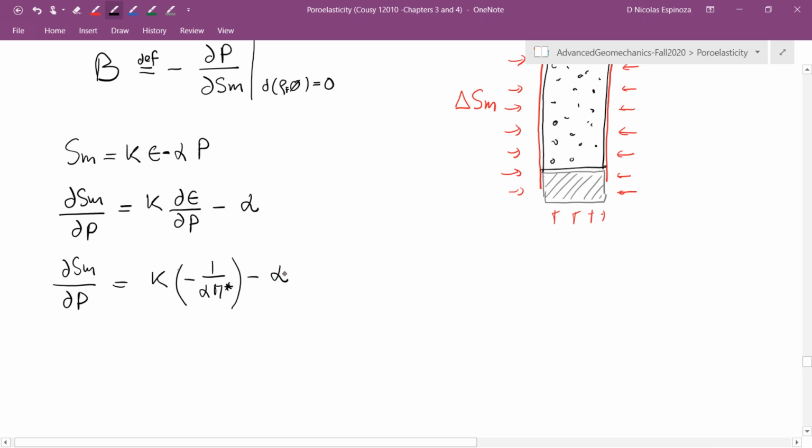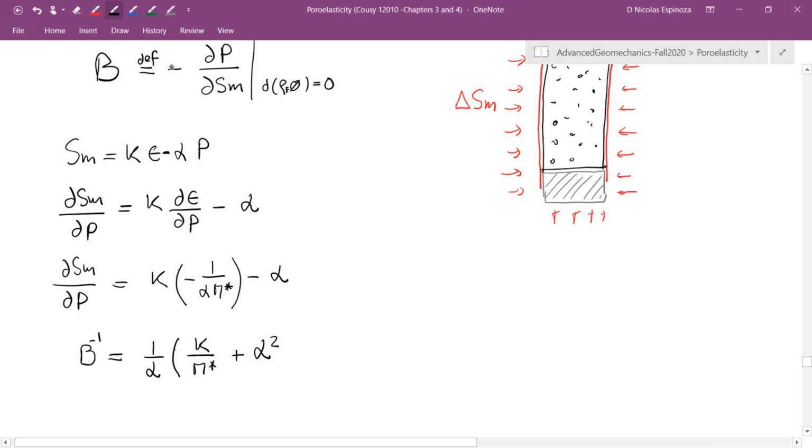And finally, by definition, the Skempton parameter B, just working with these equations, is going to be equal to, I'm going to take a common factor 1 over alpha, and this is going to be K times M plus alpha squared.